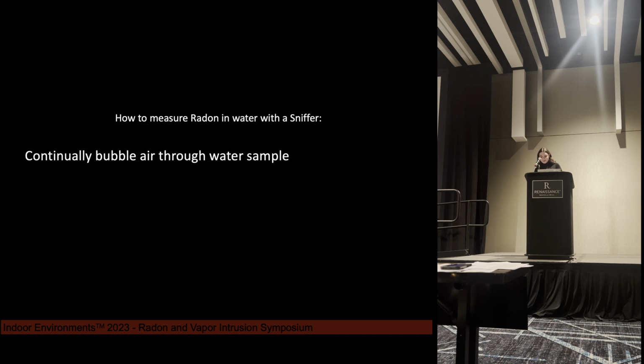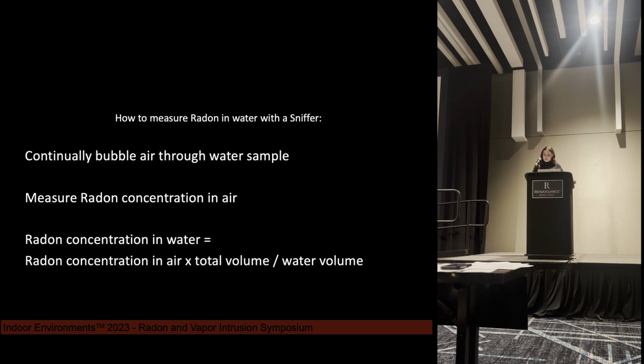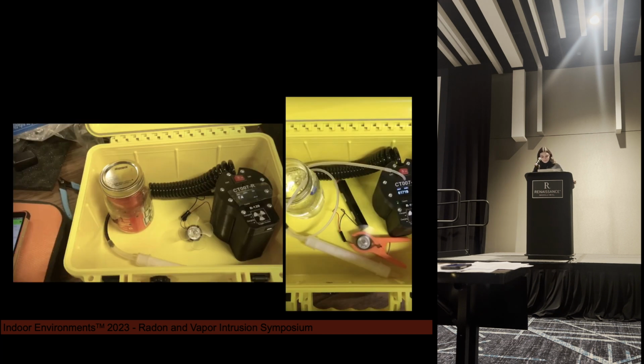Once you have the air bubbling through the water sample, close the sniffer and the sample in an airtight container and use the sniffer to measure radon concentration in the air in the container. The volume of the air in the container is larger than the volume of the water sample, so we have to correct the air concentration reading by the ratio of the volumes to get the radon in water concentration. So these represent the setup.